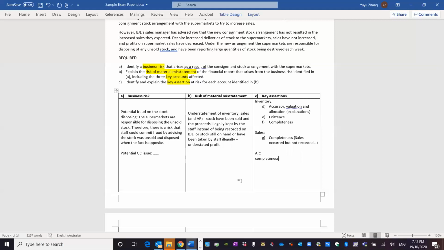So still accounts receivable and also about completeness assertion. Okay, does it make sense? So if occurred sales are not fully recorded, those associated accounts receivable will also not be fully recorded. Does it make sense? Yes. Okay.